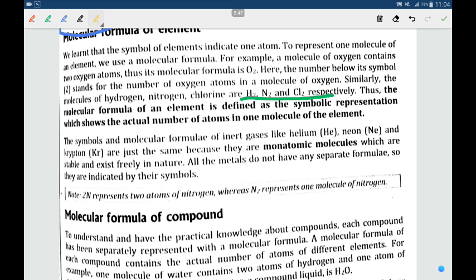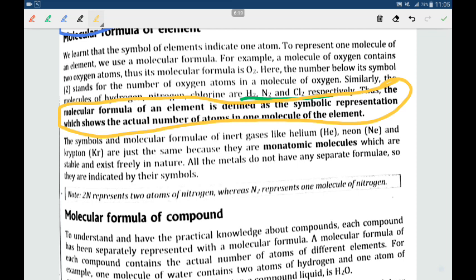Now students, what is the definition? Let me show you over here. The molecular formula of an element is defined as the representation which shows the actual number of atoms in one molecule of the element. The molecular formula of element shows how many atoms are present in it.